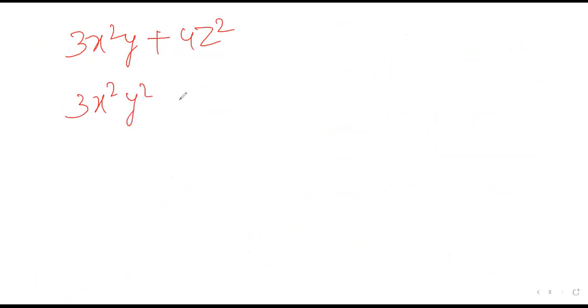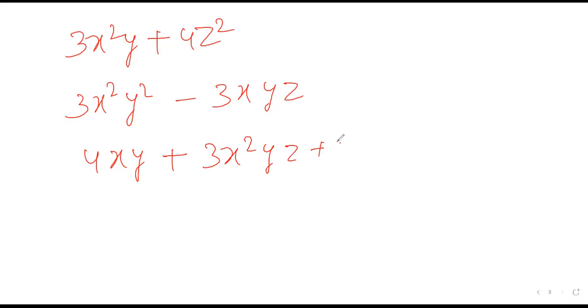Now I'm taking some binomials and trinomials randomly. 3x square y plus 4z square. 3x y square minus 3x y z. 4xy plus 3x square yz plus 7x power 5.